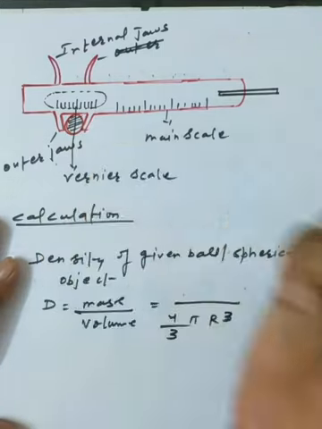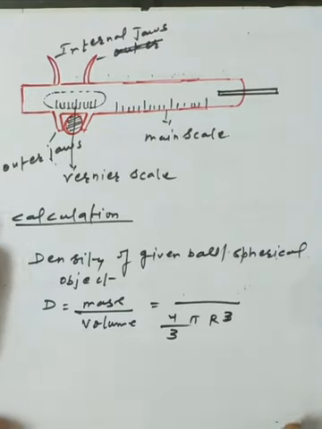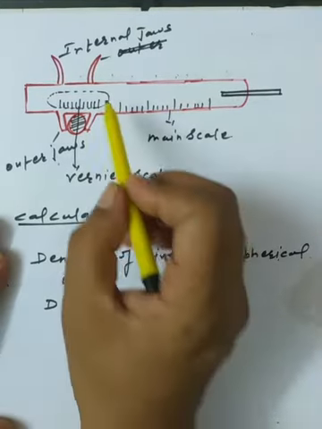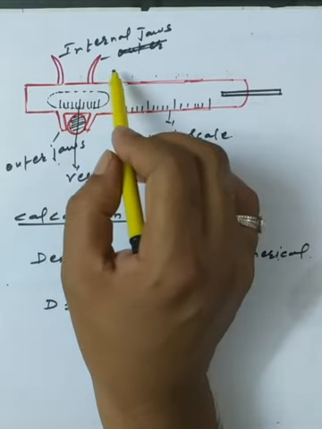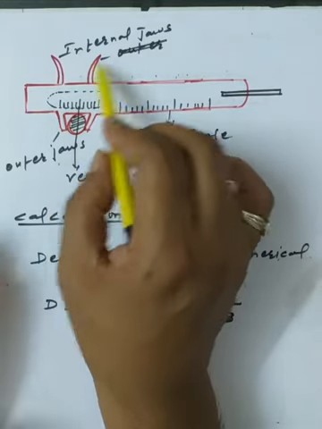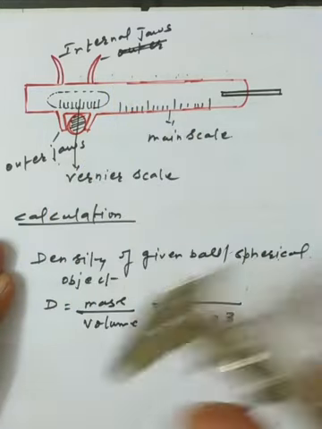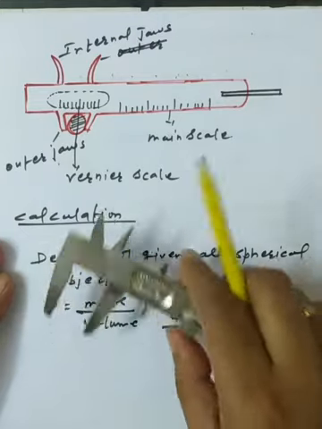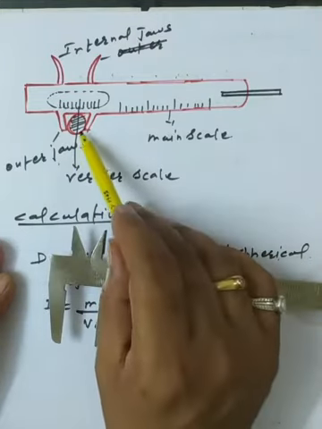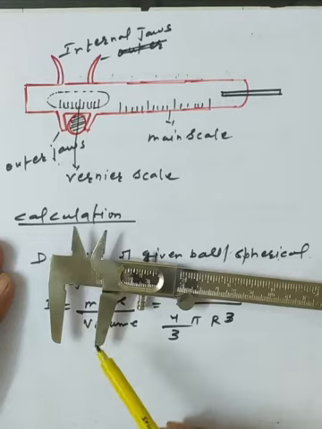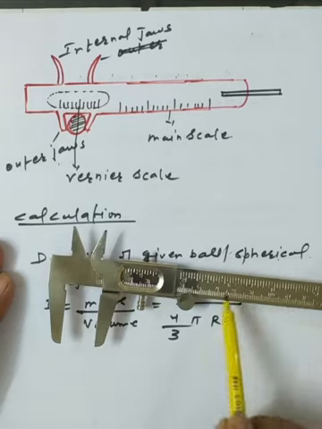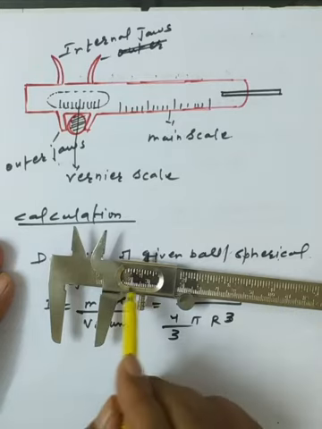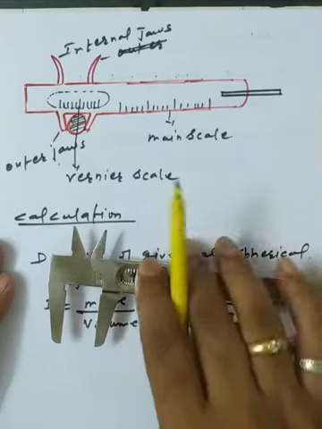Now all the portions which I have measured are mentioned in the diagram. Internal jaws are there, this is the portion of the internal jaws we have. Now outer jaws are there, these are the outer jaws we have. Main scale is there, this is the main scale we have, as well as the vernier scale. All the portions I have mentioned here.